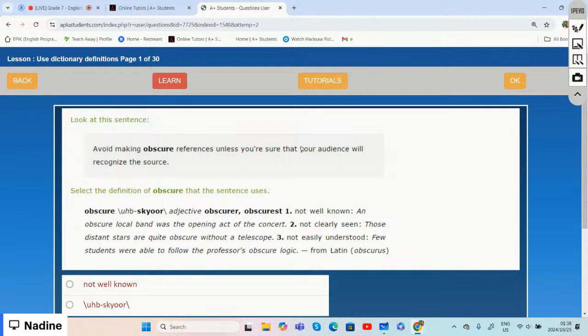And the definition of obscure means not well known. That is the first one.